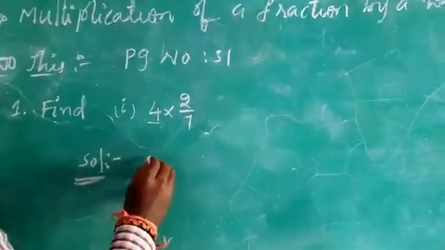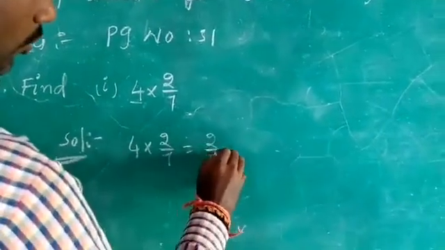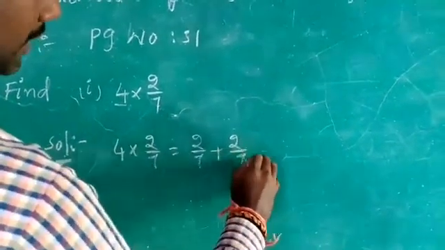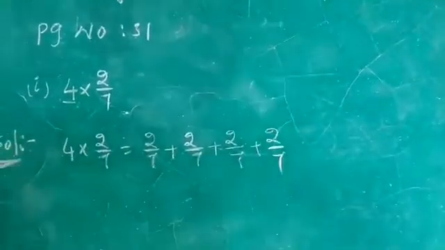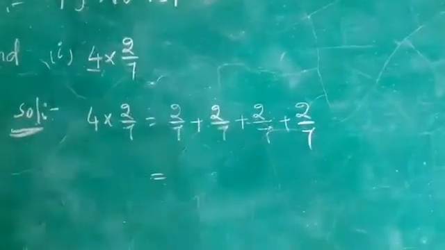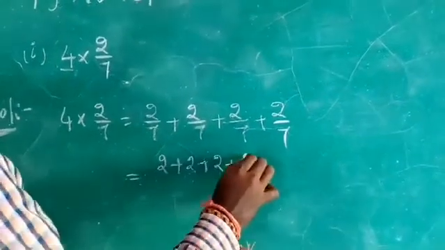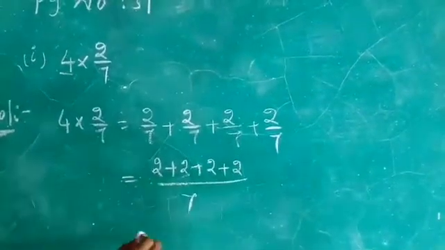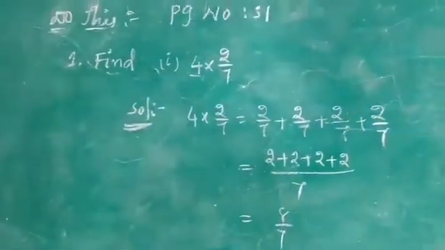You can write 2 by 7 plus 2 by 7 plus 2 by 7 plus 2 by 7. These are all like fractions, so you can add them easily. 2 plus 2 plus 2 plus 2 by 7. So the answer is 8 by 7.